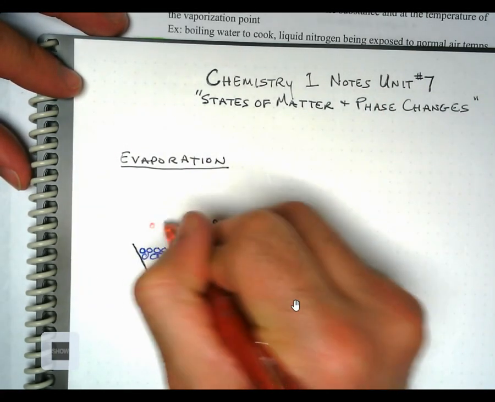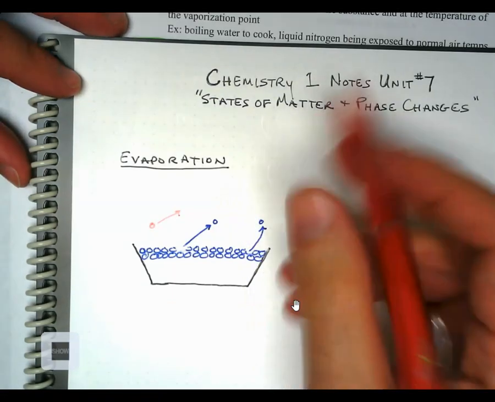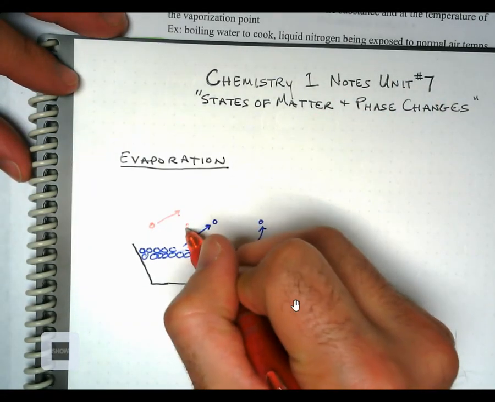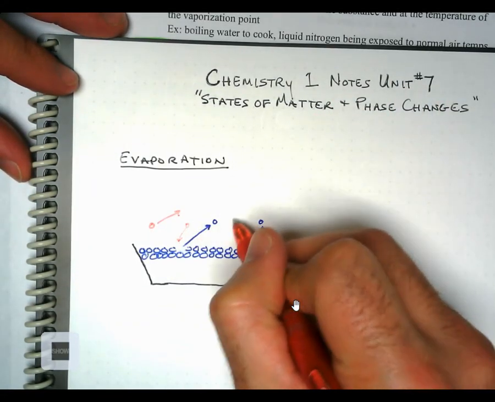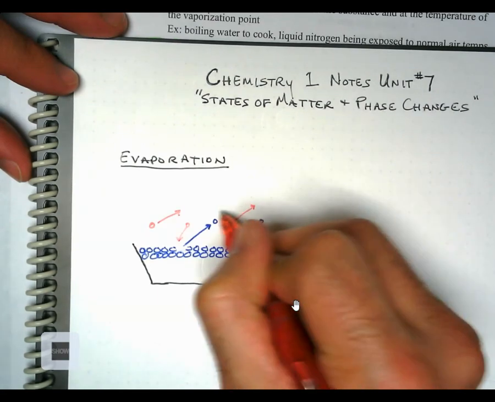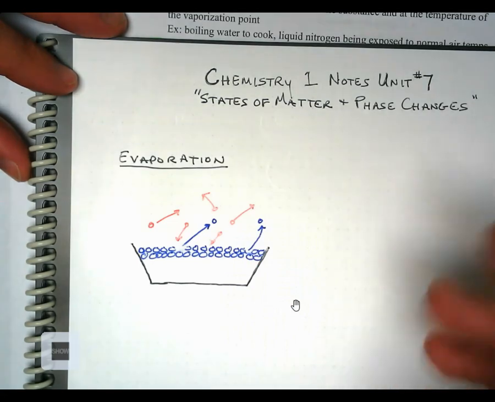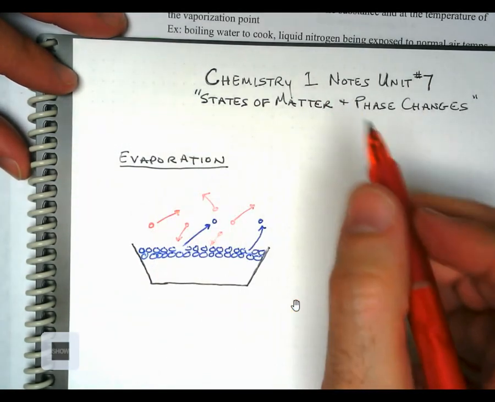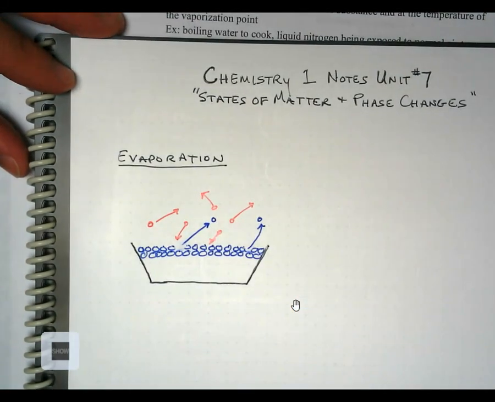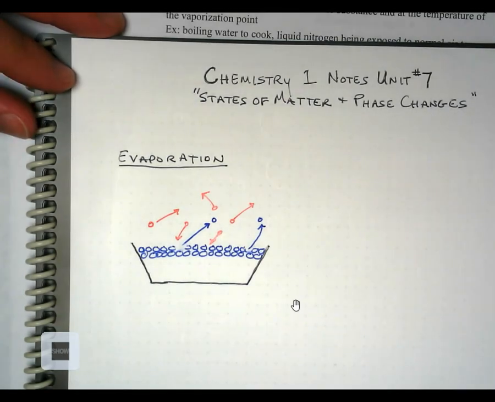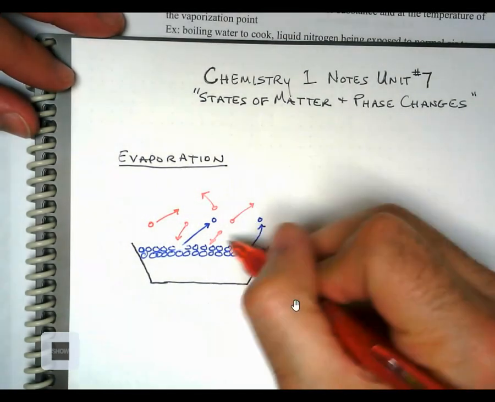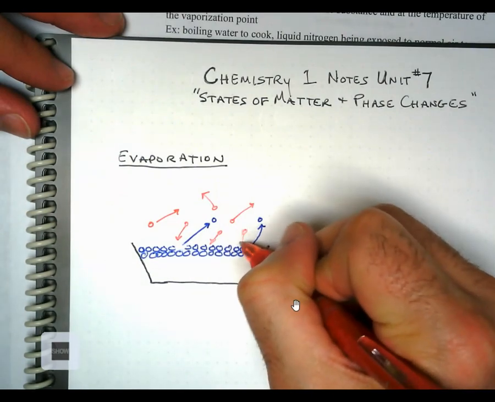They're moving around super fast, no pattern, no rhyme, no reason. They're just shooting all over the place, and every once in a while they run into each other. So air molecules are constantly colliding with each other, with the walls of the container, or with the surface of the water, right?